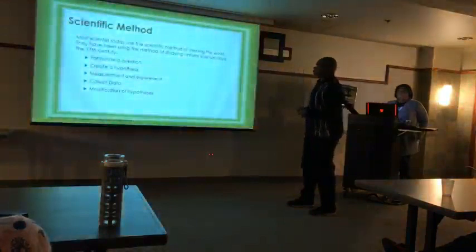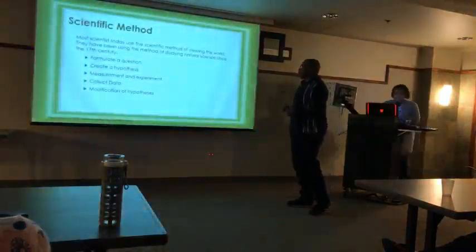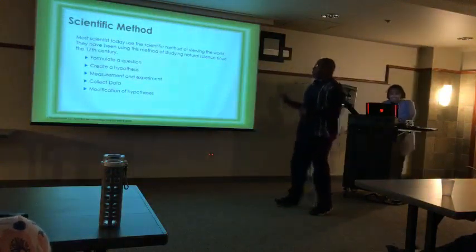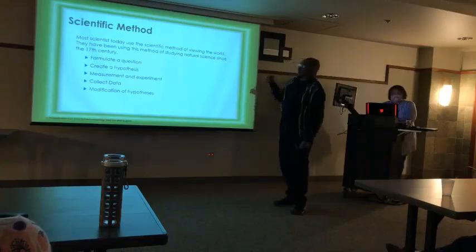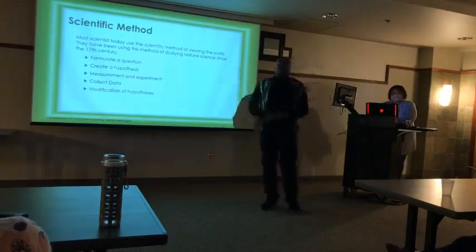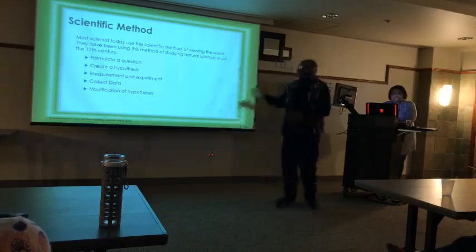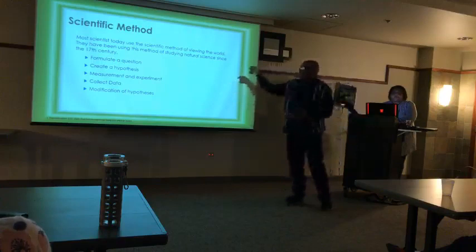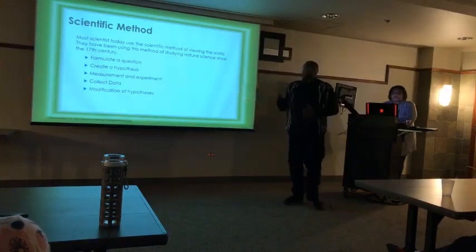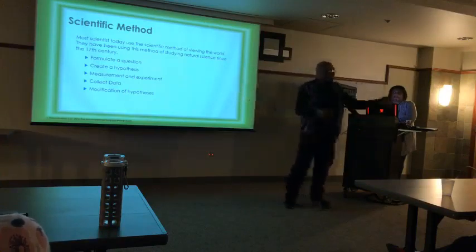This is the scientific method, where you formulate a question, create a hypothesis, perform an experiment, collect data, and modify the hypothesis. That's the part I don't like the most. First, you create a hypothesis after you create a question. You say, how does this work? This is how I think it works.